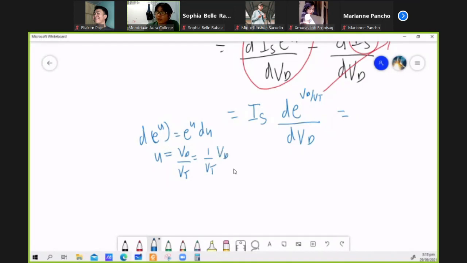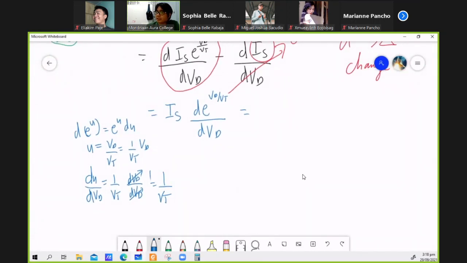Okay? So 1 over VT is a constant, VD is a variable. So what is the derivative of U with respect to VT? Derivative of VD is now equal to 1 over VT times derivative of VD with respect to derivative of VT. So magka-cancel out siya. Magiging 1. Anong matitira? 1 over VT. Okay? So salpak natin sa kabila.